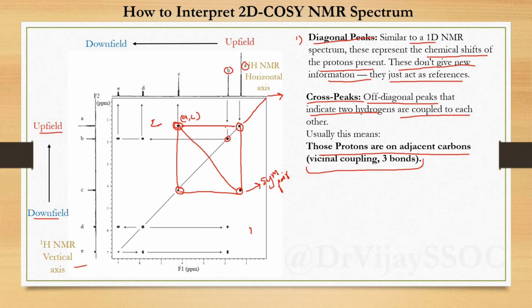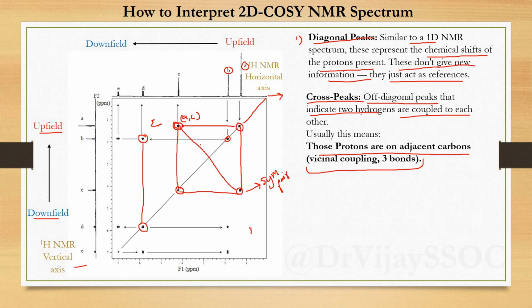Now look at the diagonal peak B. If you draw the horizontal line, then it is connecting to D. Now you can draw the vertical line from this D, and it is connecting to this one, which is D, right?